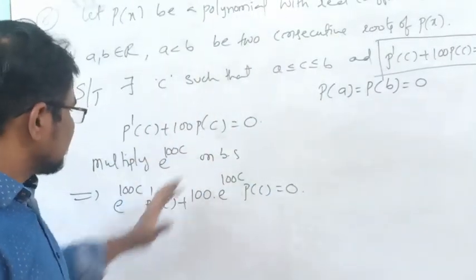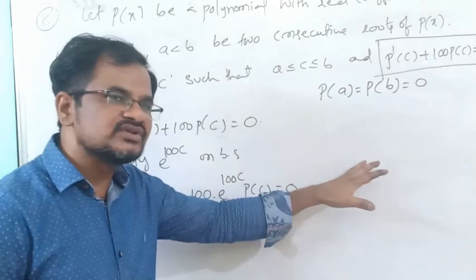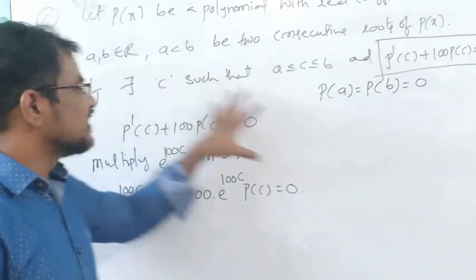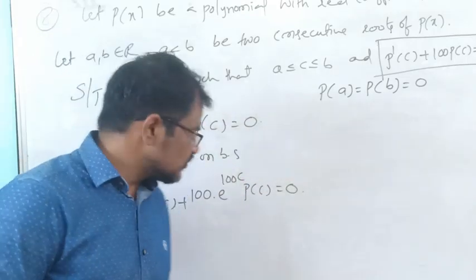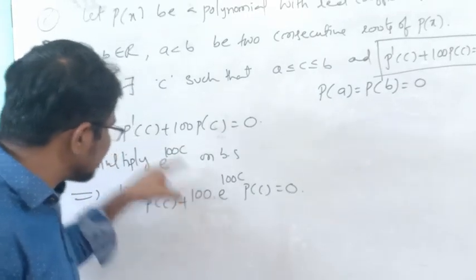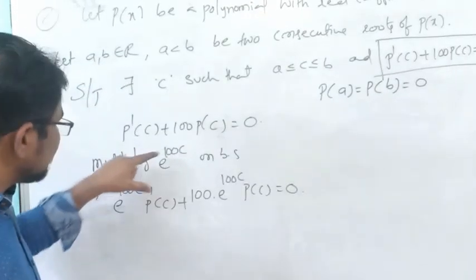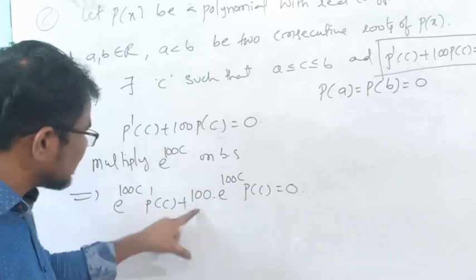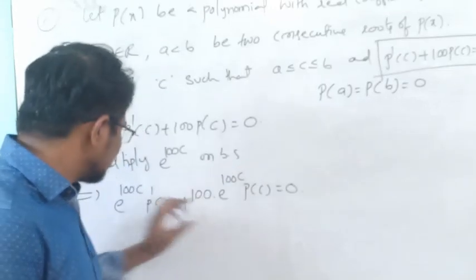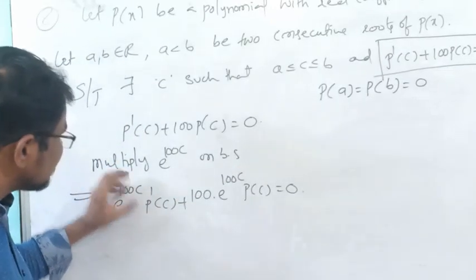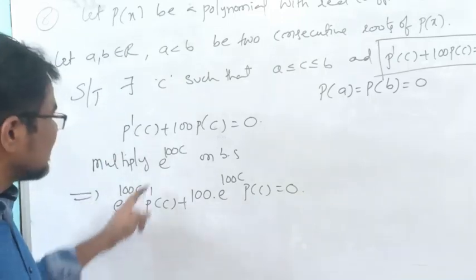If you multiply by e power 100c, which is not equal to 0, it will not affect the given equation. And also, by the differentiation of this one you will get 100 into e power 100c, and keeping this e power 100c as it is, we can do the differentiation for this one also.